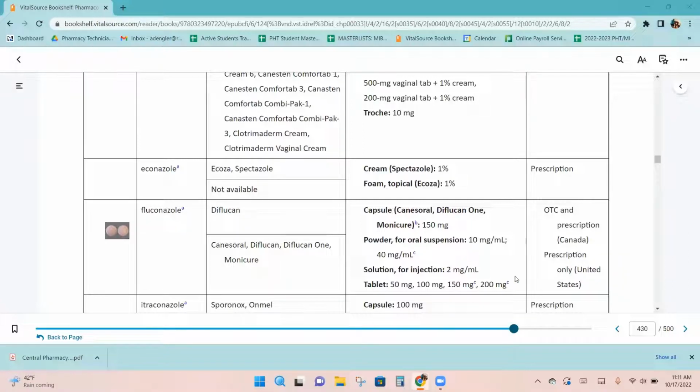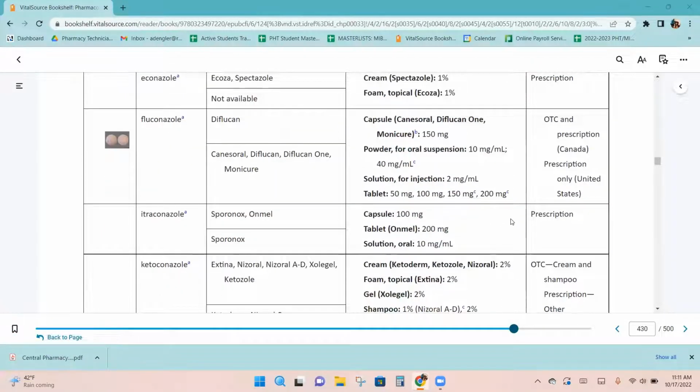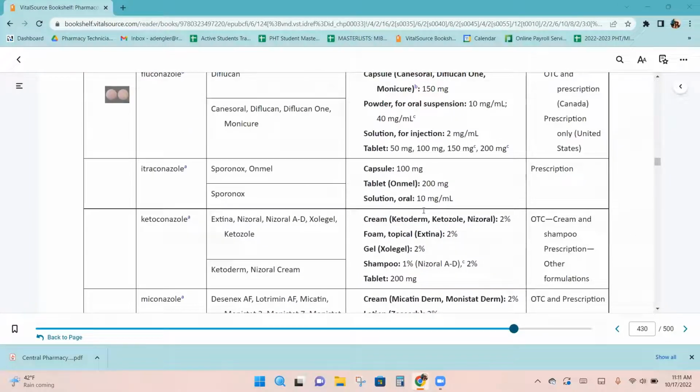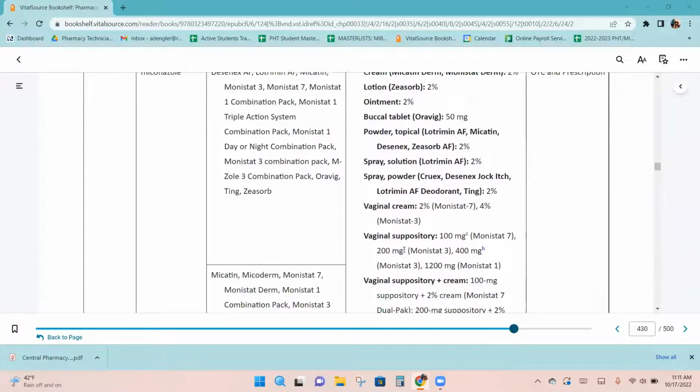Then we have powder for oral suspension, injection solution, and then there's 50, 100, 150, and 200 milligram tablets that come in regular prescription bottles, not on a card. And then you can see with the rest of them, we have quite a few different dosage forms. Miconazole is a big one. There's so many different dosage forms.